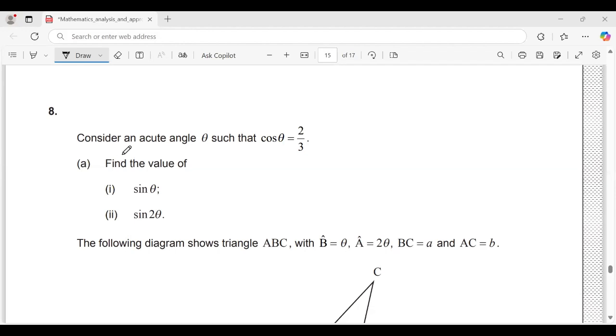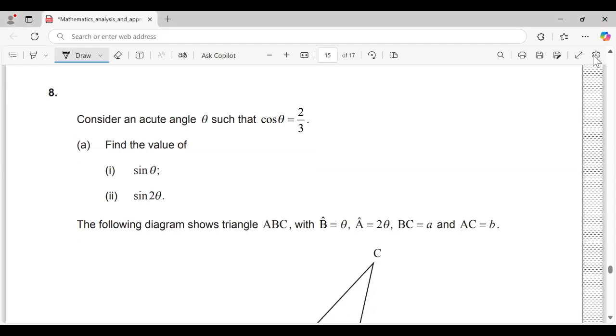Number 8. Consider an acute angle theta such that cosine theta equals 2/3. Find the value of sine theta and sine 2 theta. First, sine theta.